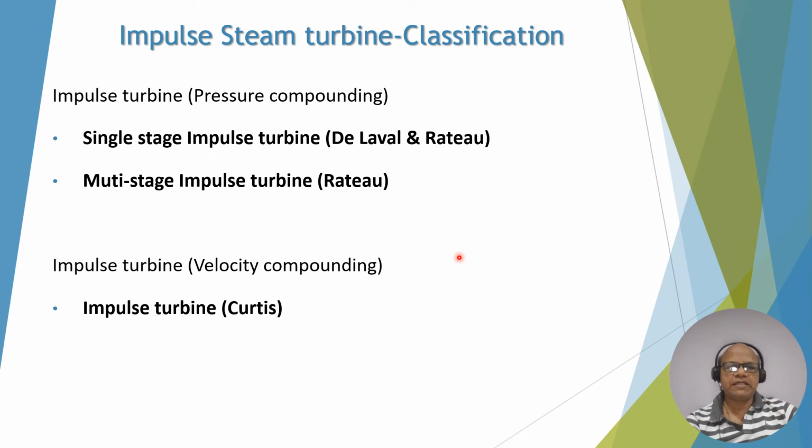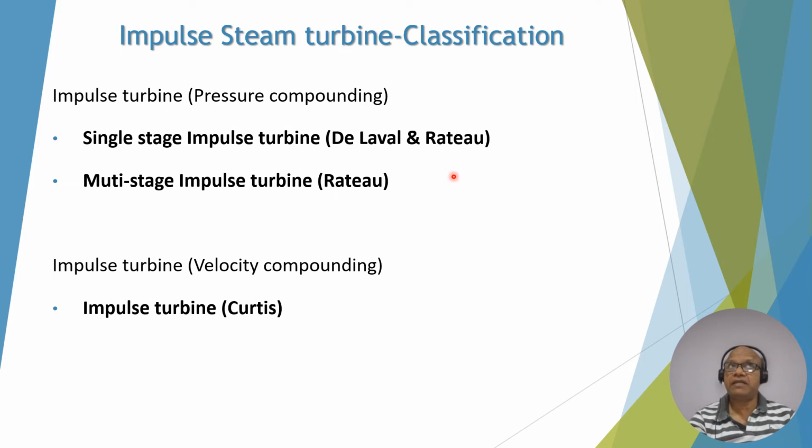In case of an impulse turbine, there are single stage impulse turbines and multi-stage impulse turbines. Truly speaking, if it is a single stage, it cannot be pressure compounding or velocity compounding, but still it is put under the head of pressure compounding. So the De Laval turbine is a single stage impulse turbine.